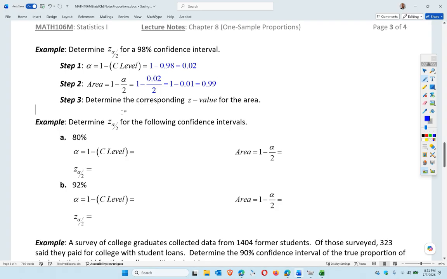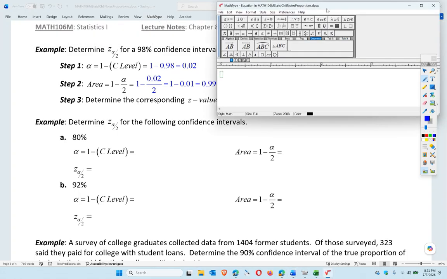Okay, so what is the corresponding z-value? Well, that's going to be normal dot inverse 0.99 comma 0 comma 1. That'll give me an approximate value.